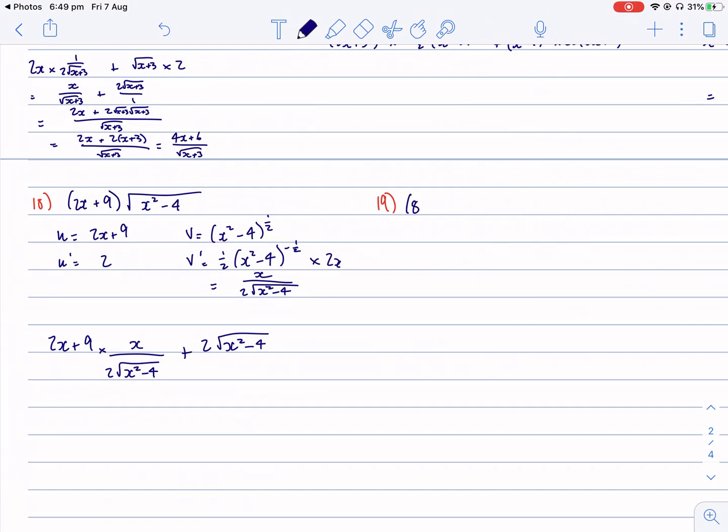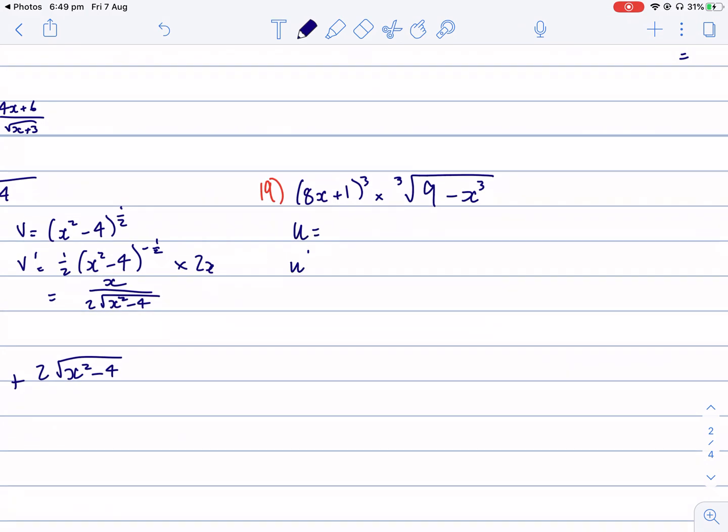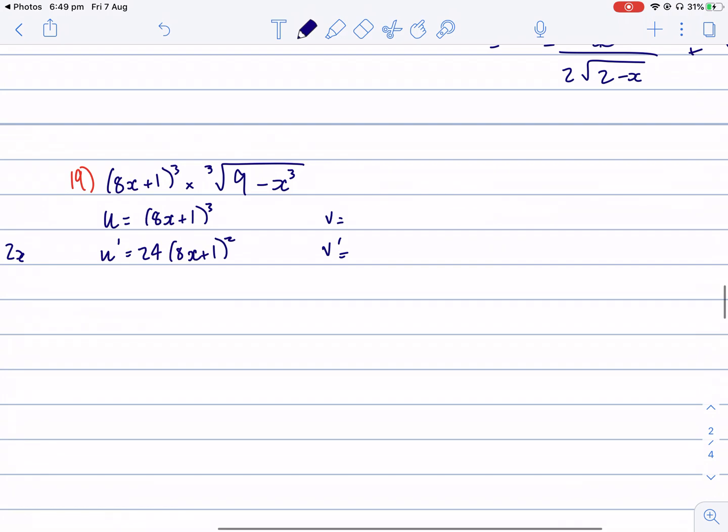19. (8x plus 1) cubed times the cubed root of (9 take x cubed). u dash, v dash. So we've got (8x plus 1) cubed. We're going to have 3 times 8, 24, (8x plus 1) squared. This is (9 take x cubed) to the half. So we're going to have half (9 take x cubed) to the negative half times negative 3x squared.